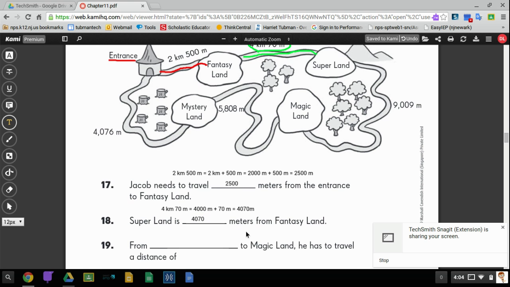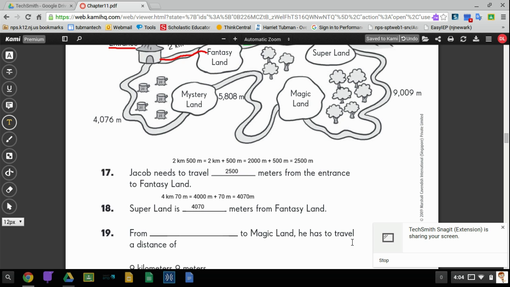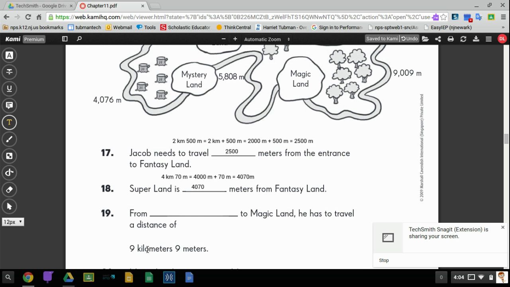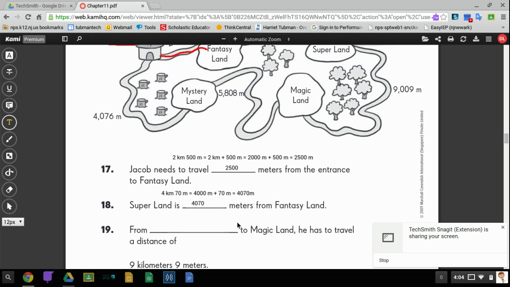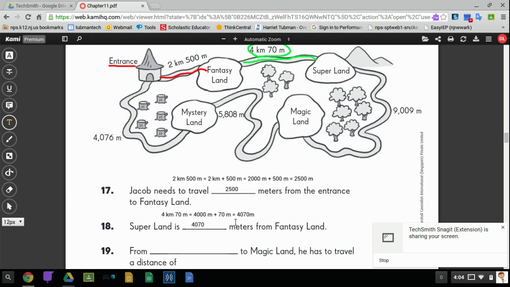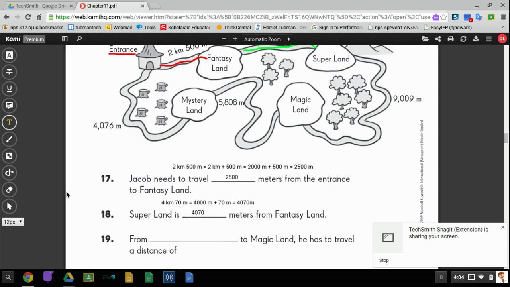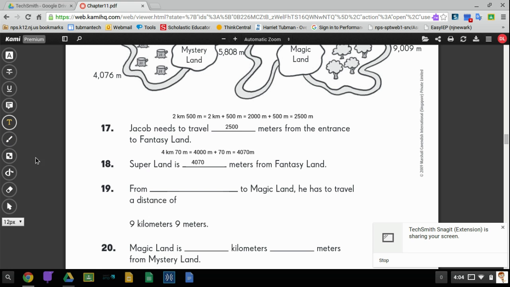19. From blank to Magic Land, he has to travel a distance of 9 kilometers, 9 meters. So let's find out where 9 kilometers, 9 meters is. So let's think about that. I'm going to write it right here, 9 kilometers, 9 meters.